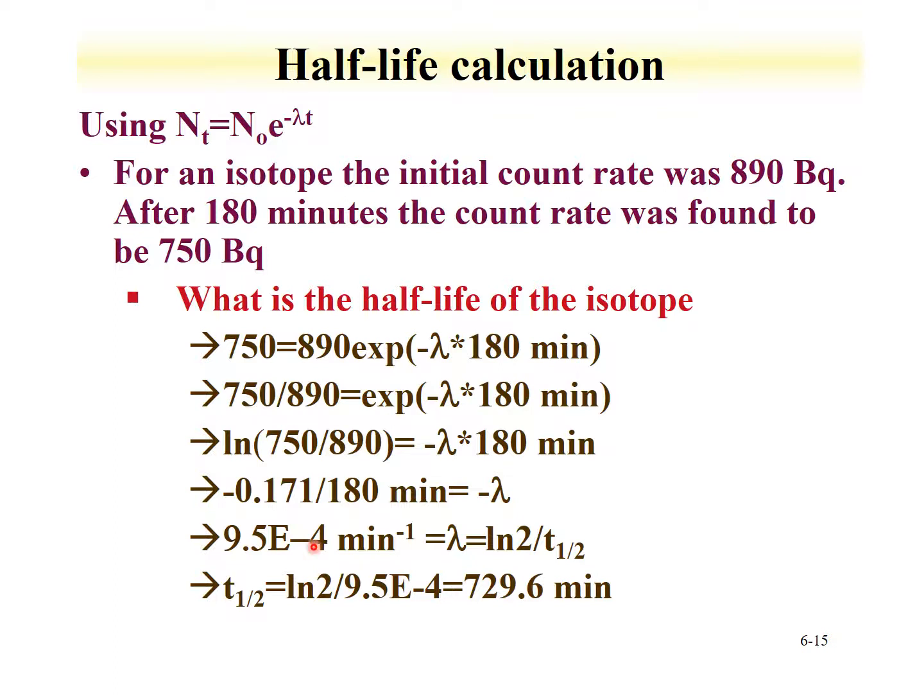We get this term here. We get the decay constant, log 2 divided by the half-life is the decay constant. We solve here, and we see that the half-life, based upon this measurement, is 729.6 minutes.